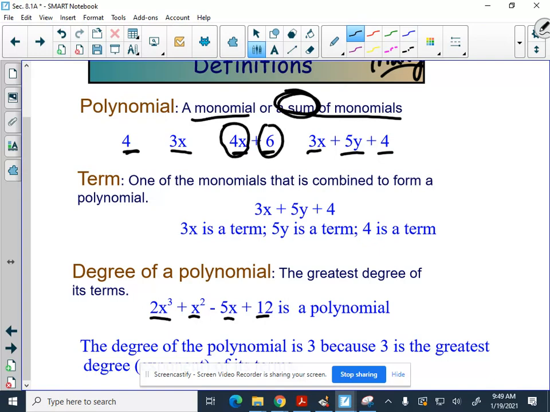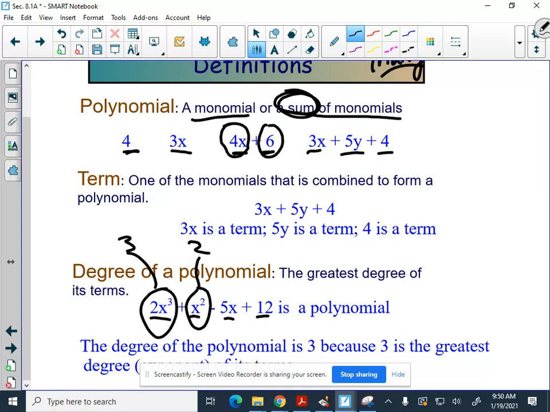But now I want to know what's its degree. So if you look here, what's the degree of this one? Just that one that I circled. 3. Okay? Going back to that other page, we look at the exponents. Exponent of 3. So that one has a degree of 3. What's the degree of just that one? 2.